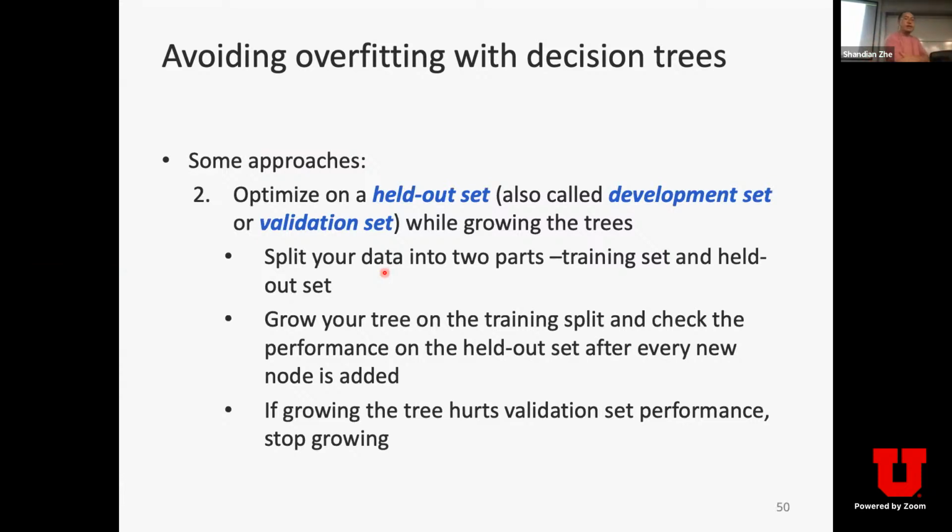The second approach is that I want to find some measurement to reflect the generalization performance of my current tree. How can I do that? Instead of using the whole data set for growing the decision tree, I randomly pick a subset of training examples and use them as a held out set.